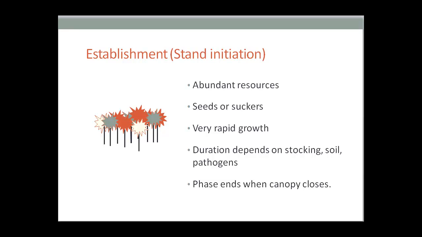So if you have conditions that are stressful, so low soil fertility, high incidence of pathogens, high incidence of pests, including deer as browsers, you can prolong the duration of this. I think it's rather intuitive that the phase ends when the canopy closes, so anything that stalls canopy closure, such as low soil fertility or heavy browsing by deer, will stall the closure of this particular phase.